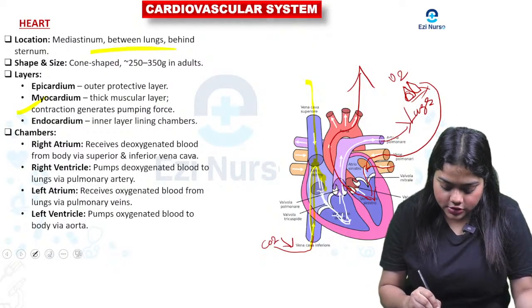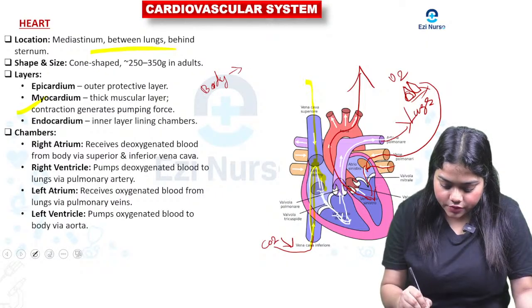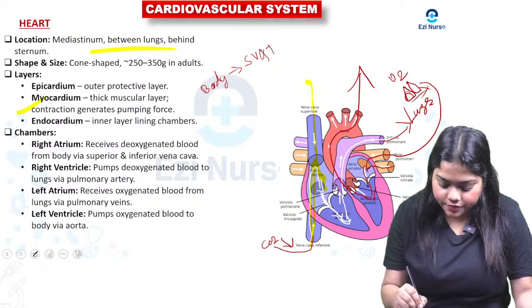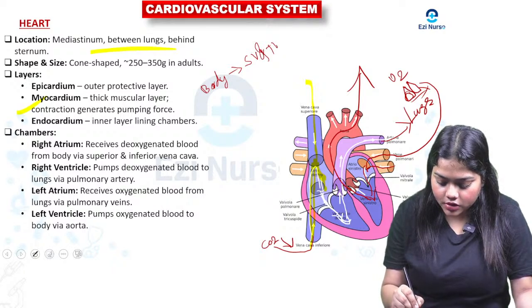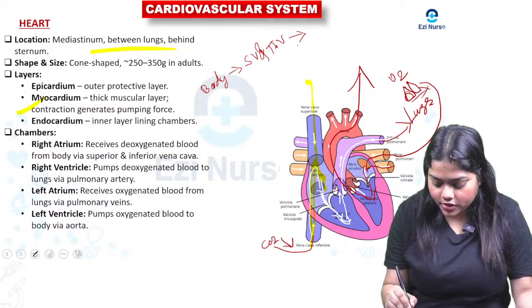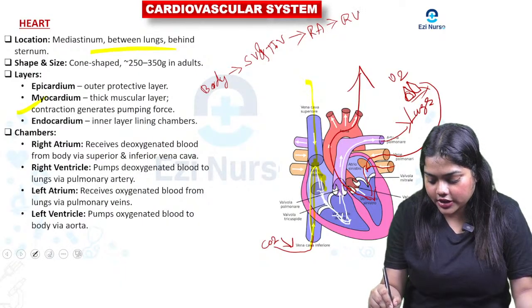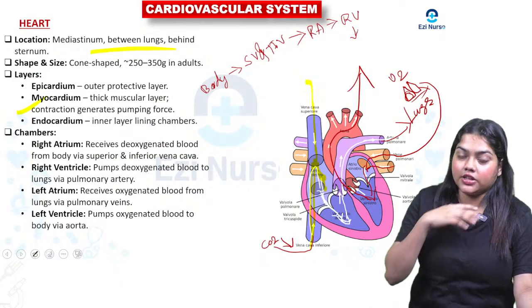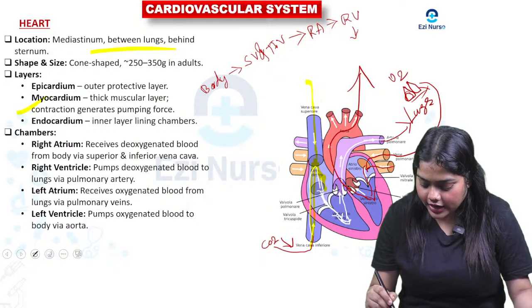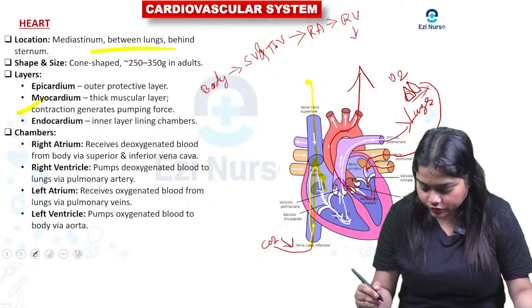First, from the body, the blood comes to the superior vena cava and inferior vena cava. The right atrium receives the blood and sends it to the right ventricle, which receives the blood and sends it to the lungs through what?